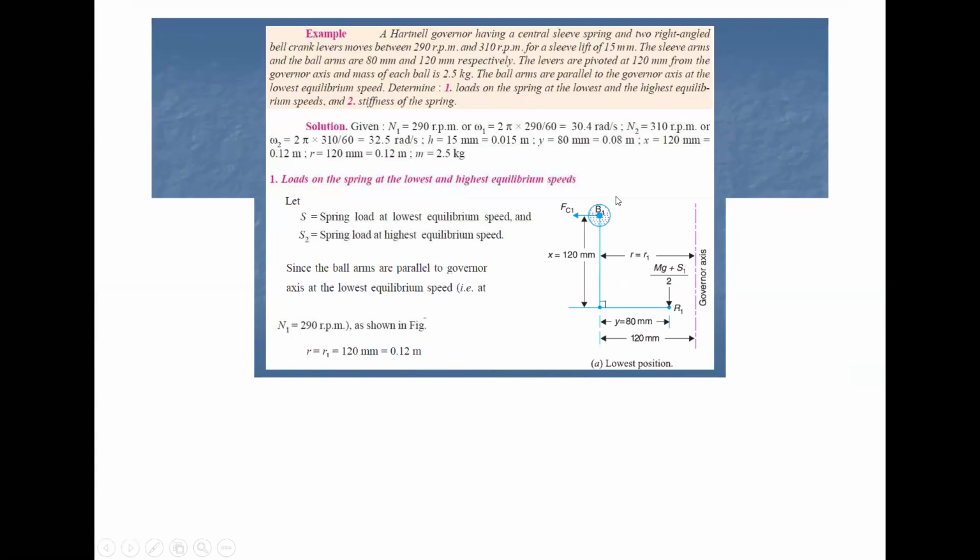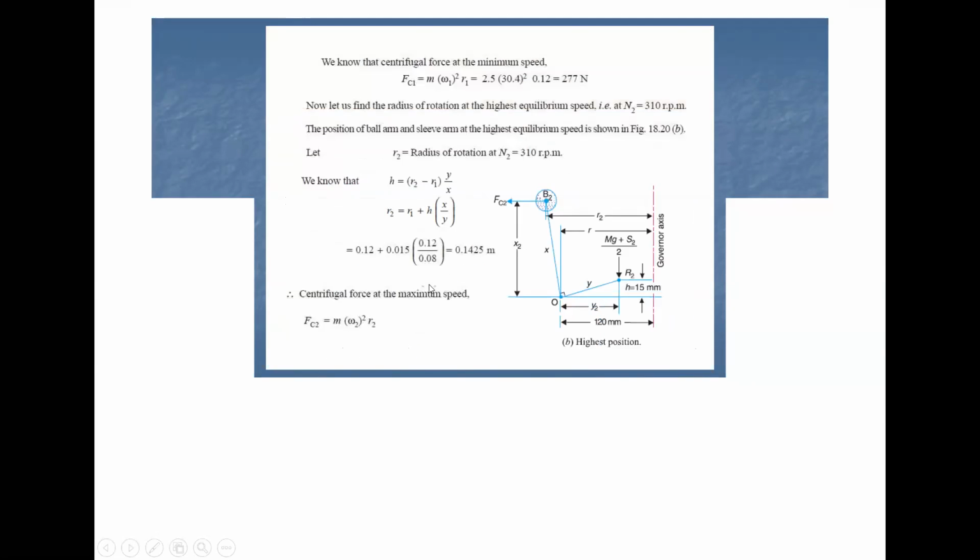Because the bell crank lever arrangement is right-angled, that means the horizontal arm and the vertical arm maintain a 90 degrees angle. So S1 is the lowest position and S2 is the highest position.